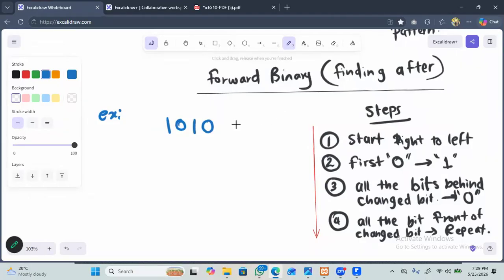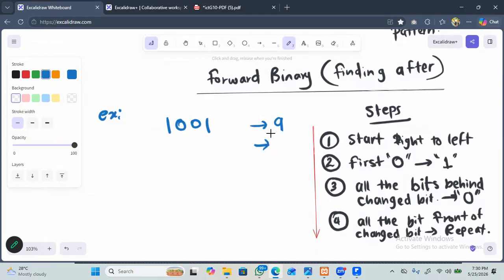The decimal equivalent for this binary number is number 10. Number 0, 1, okay, this is number 9. This is actually number 9 in decimal format. So we are going to find the after number.